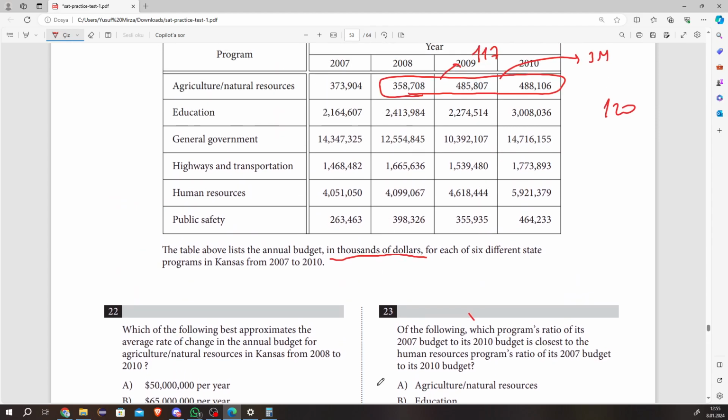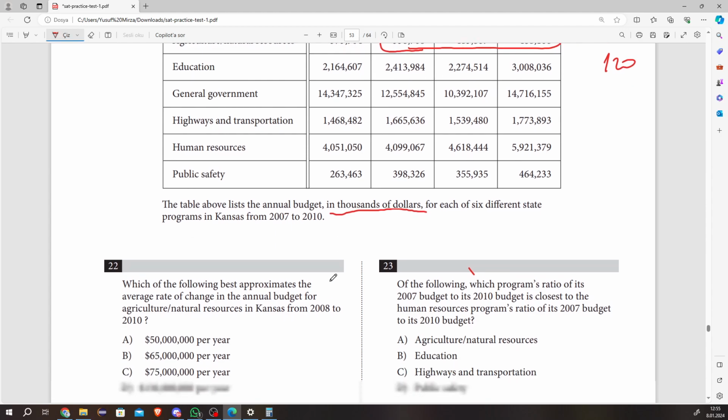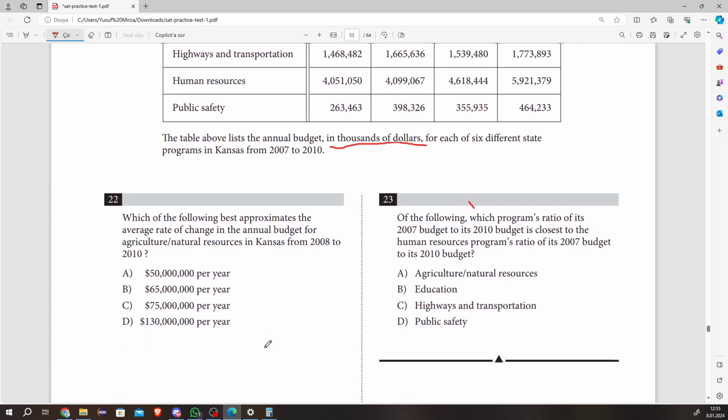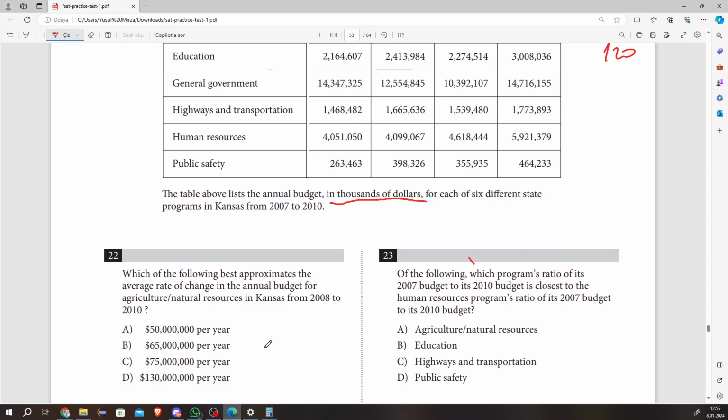Let's see. Best approximate average rate of change in annual budget. We calculated 2 of them. So I think the answer is, yeah, easily it's like 65 million, but I can't be sure about it.